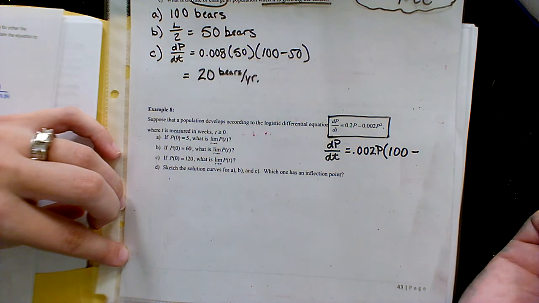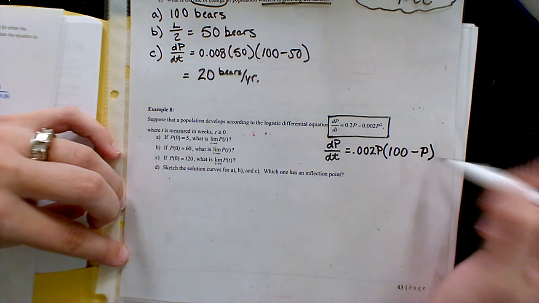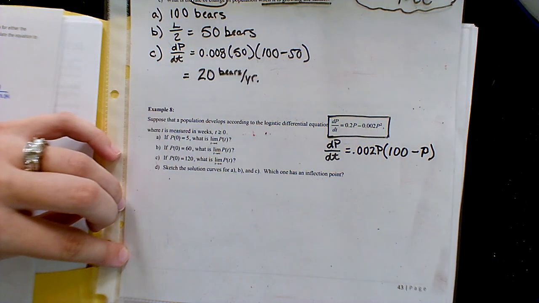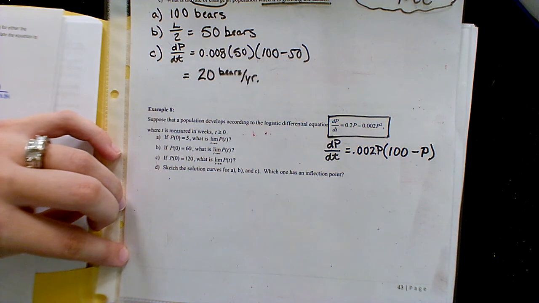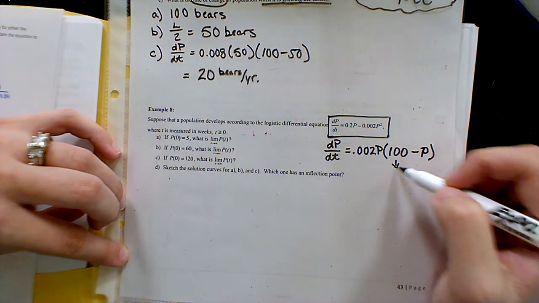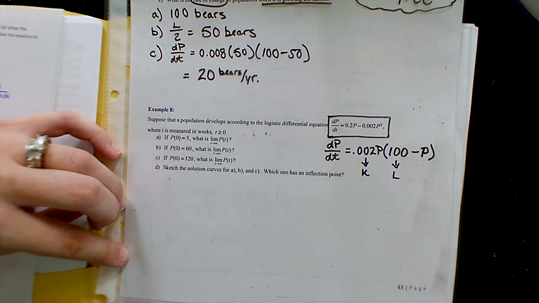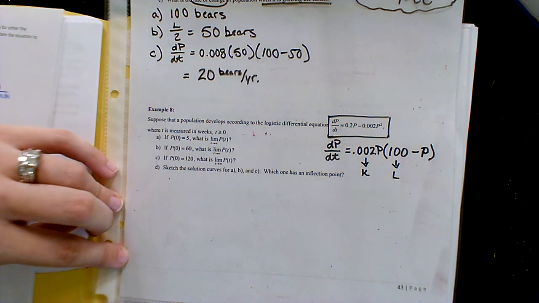And if we take out a 0.002p from a 0.002p squared, we're just left with p. You see how we did that? Didn't we change it now into the format? So we can identify the carrying capacity, and now we can identify that constant k value.